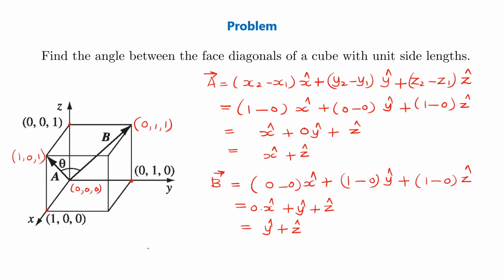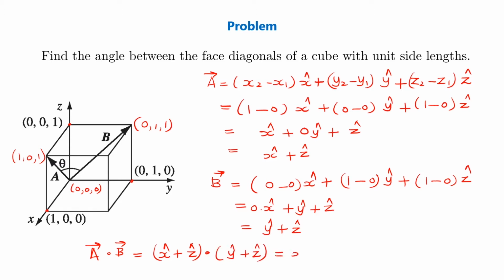Now let's find out A dot B. Vector A dot vector B is equal to x hat plus z hat dot y hat plus z hat.